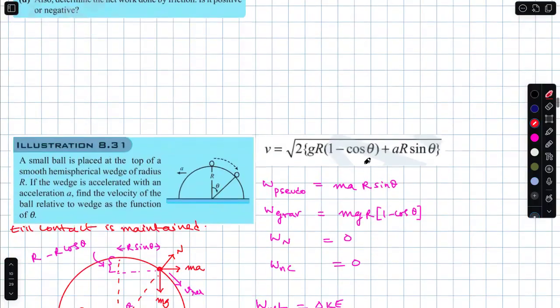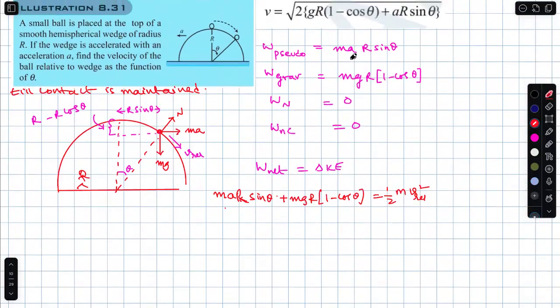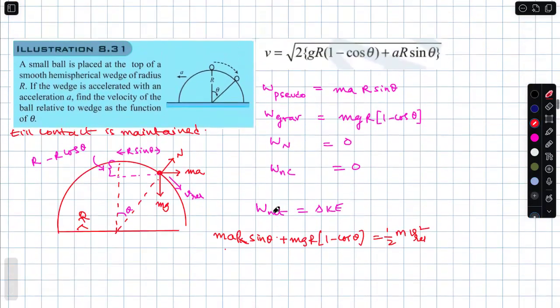Suppose I am applying it in a non-inertial frame, I have considered the work done by the pseudo force. That's all. I have done the question.